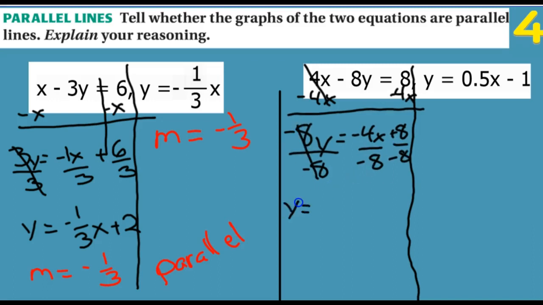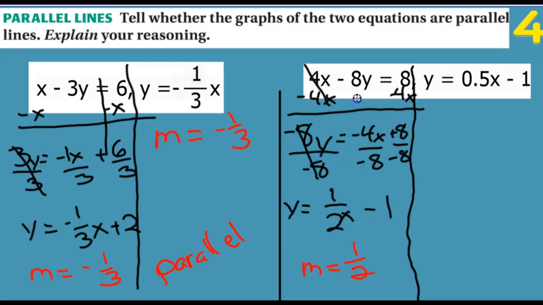So we get y equals, now negative 4 divided by negative 8. We can't really do that, but we can simplify it. Two negatives are going to equal a positive, and if we take 4 out of both, we'll get a positive 1/2 x. And 8 divided by negative 8 is going to give us a negative 1. So our slope here then is 1/2.